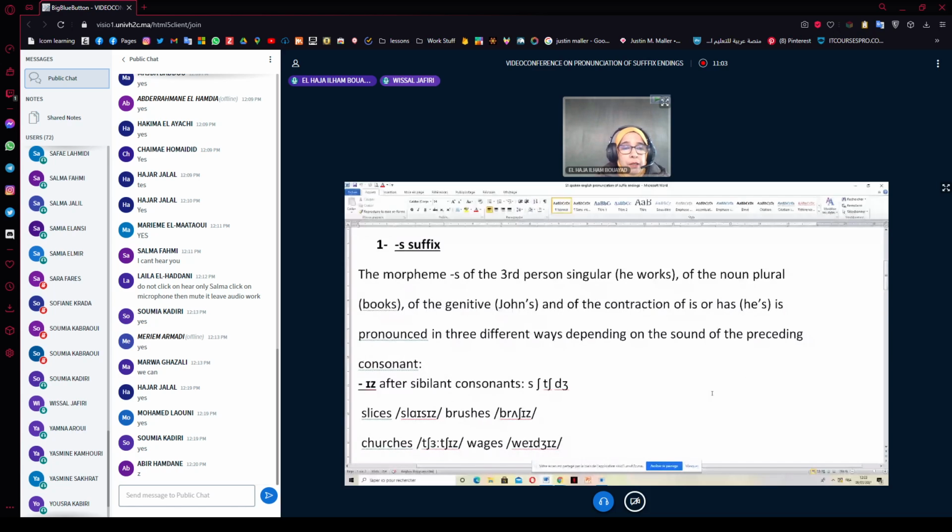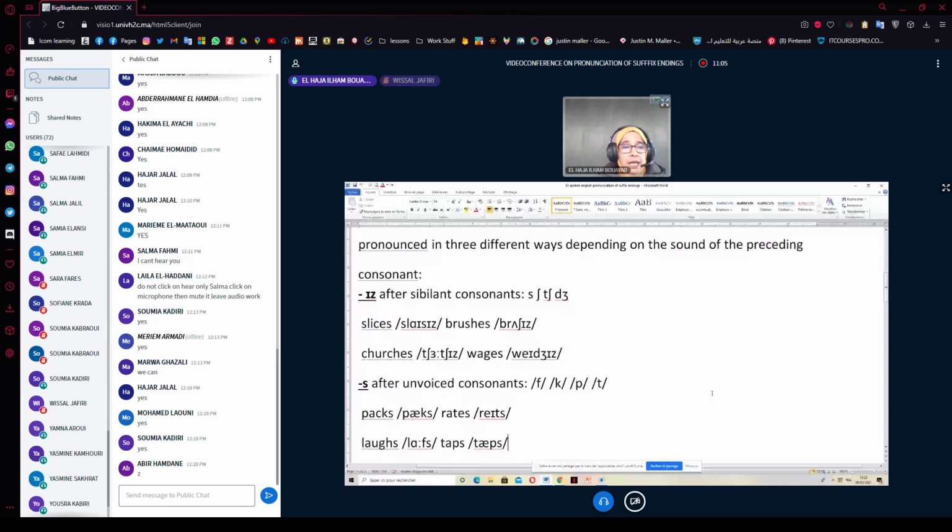So the S may be pronounced as iz. You see here we have iz. Where do we use this iz? Look at the words here. We have slice, in the plural, so you see the phonetic transcription that shows you how to pronounce the word: slices.